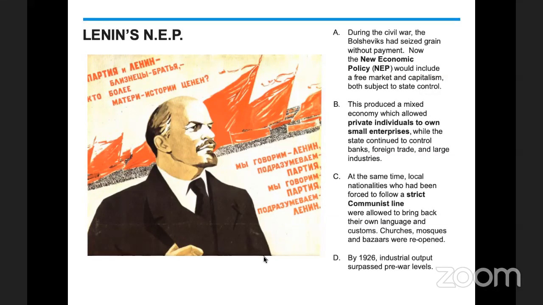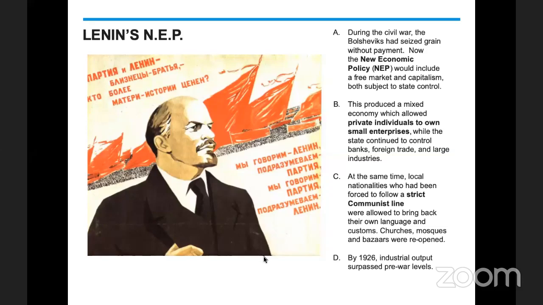At the same time, Lenin is going to relax restrictions in this very diverse nation, where people had not been allowed to have their own language and customs, and he's going to relax restrictions on religion. And this is all going to be really successful because war communism was a disaster.